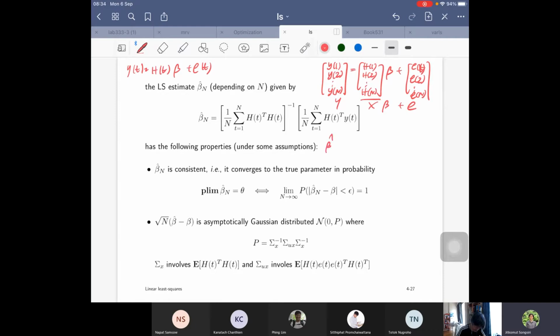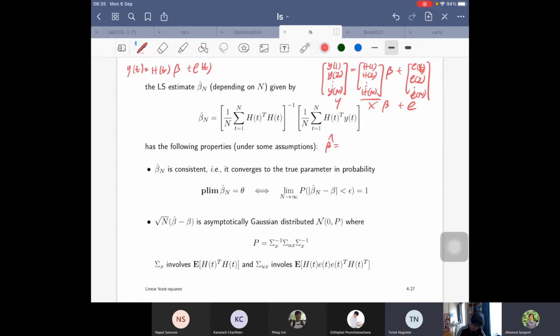The least square estimate beta hat is, can someone give me the closed form formula for least square? I don't remember it. You must review. Closed form expression of beta hat. Totok is not here.